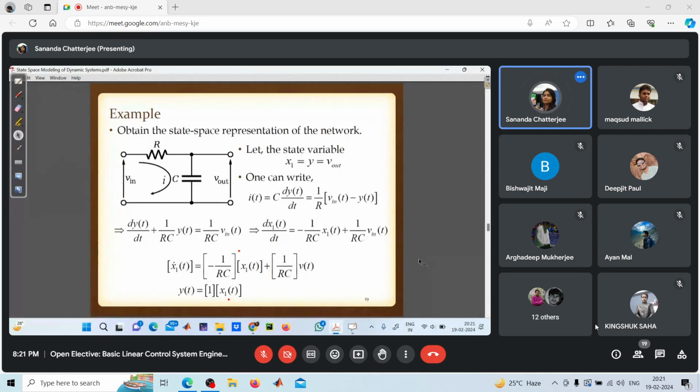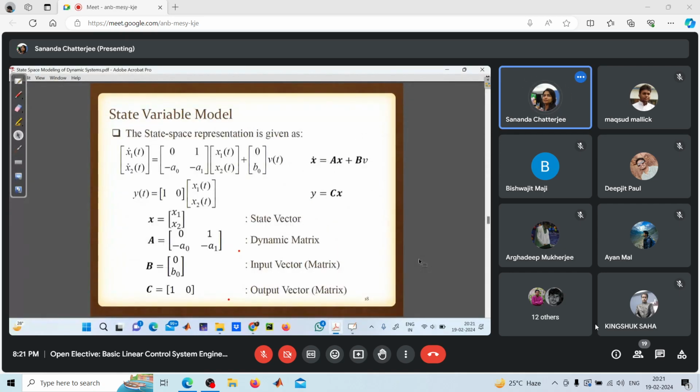Okay, so now, for the state variable model, I have this state matrix. The state vector belongs to R^n.